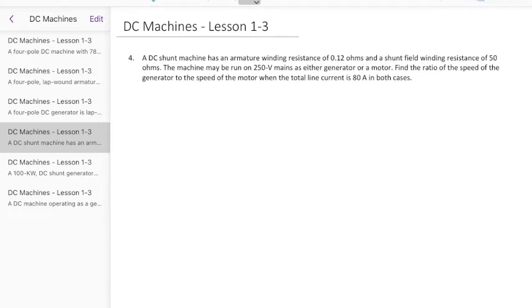So we have EA for generator and EA for motor. So man siyang ratio na to ang gamiton. Or we use VT plus IARA divided by VT minus IARA.